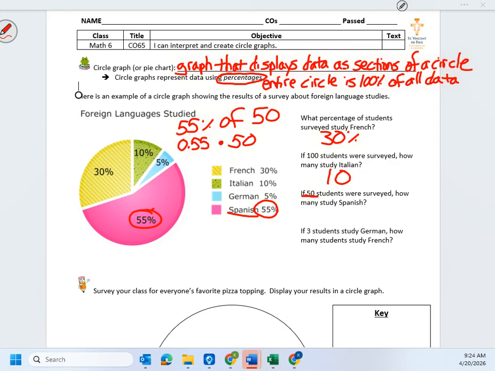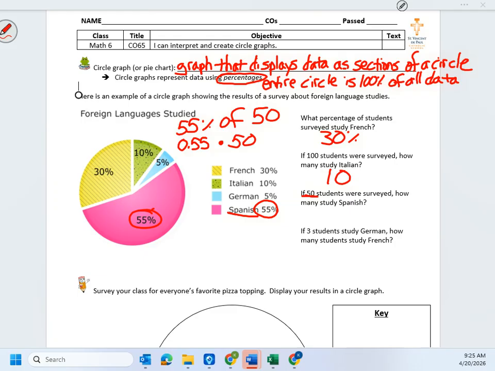Okay, so it comes out with 27.5, but does it make sense to say 27.5 students took Spanish? So what would we put as our answer? Can we round up? Can we add people in?